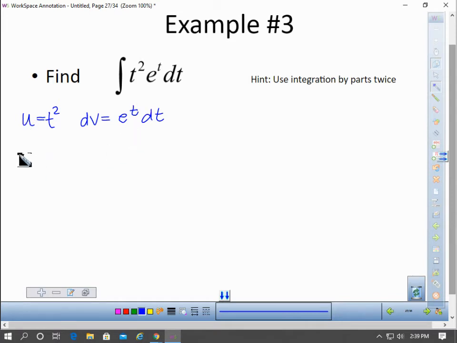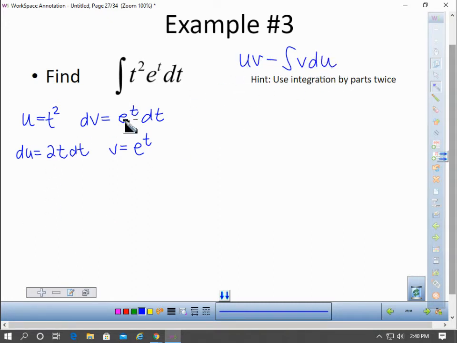All right, so now you take your derivative, du is 2t dt, and then over here you do the antiderivative. So the antiderivative of dv is v, and the antiderivative of e to the t is just e to the t. So now we're going to do ultraviolet voodoo.